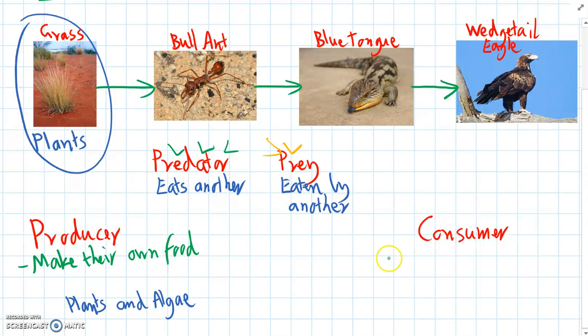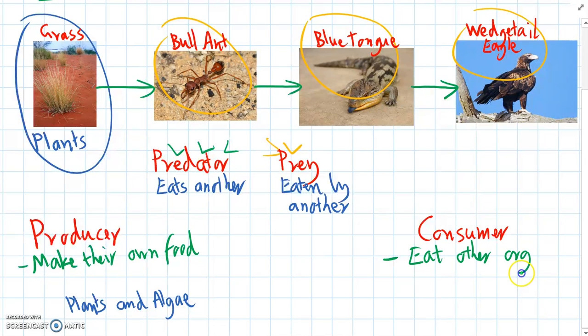Whereas a consumer includes all of the other animals here, the bull ant, the blue tongue, and the wedge-tailed eagle. All of these are consumers because they eat other living things. Eat other organisms.